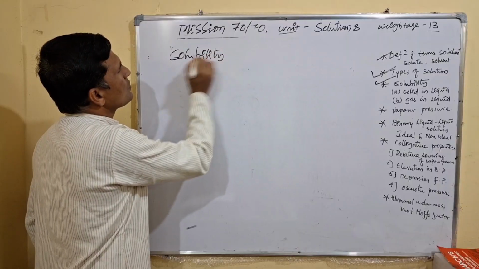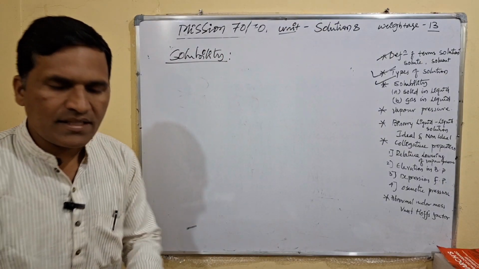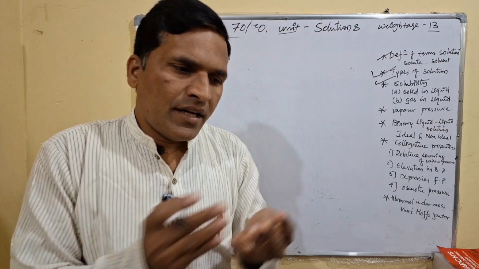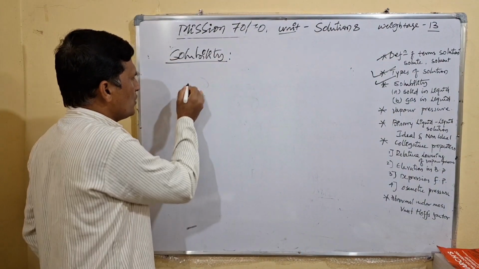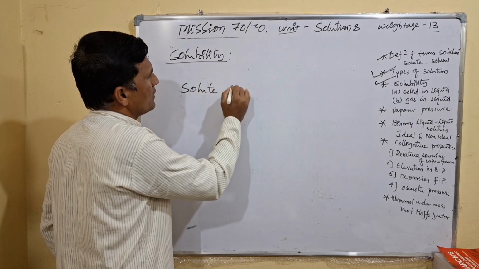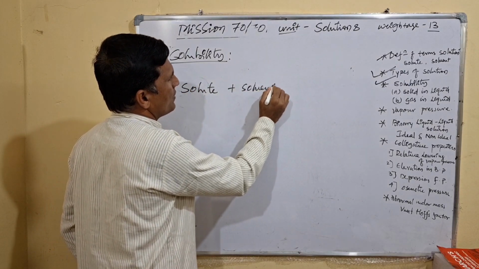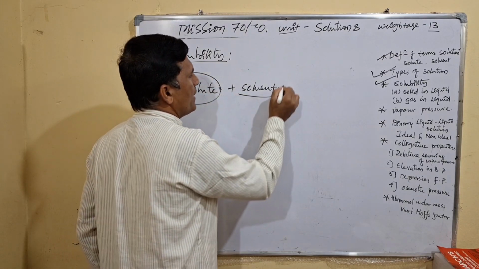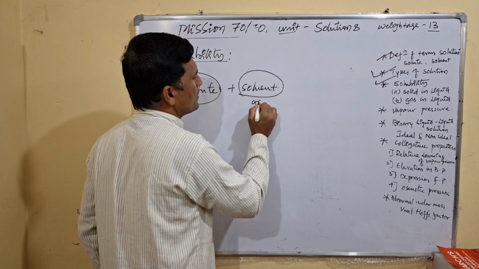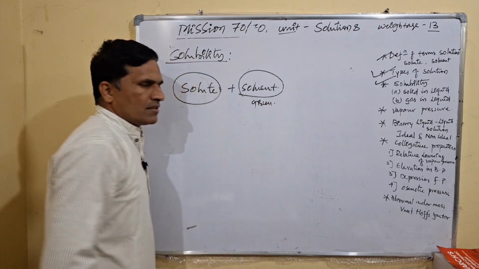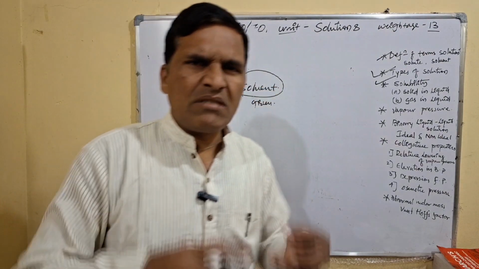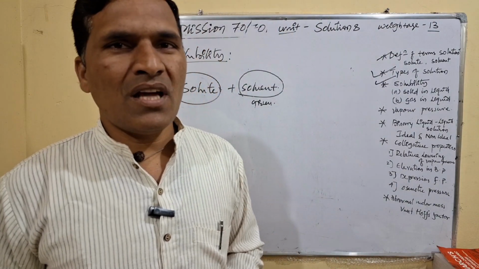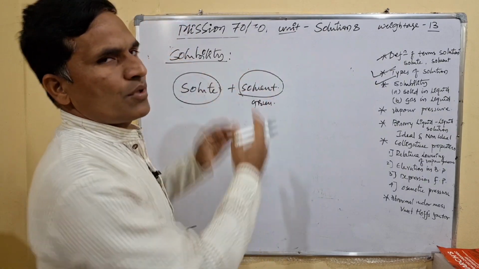Okay. So what do you mean by this solubility? Let us understand. So solubility means any solvent you take and any solute, you want to make a solution and you are adding to the solvent. The maximum amount of the solute that can be dissolved in a given amount of the solvent is called its solubility.